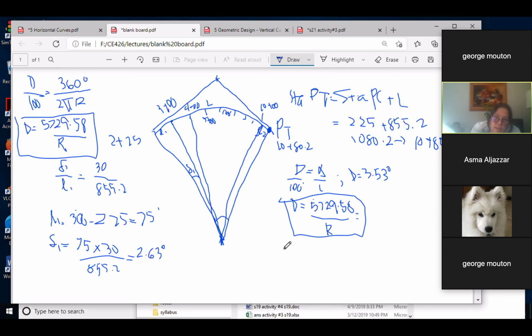The last angle is going to be your delta over L2, is equal to, again, you compare it with your arc. 30 is 855.2.